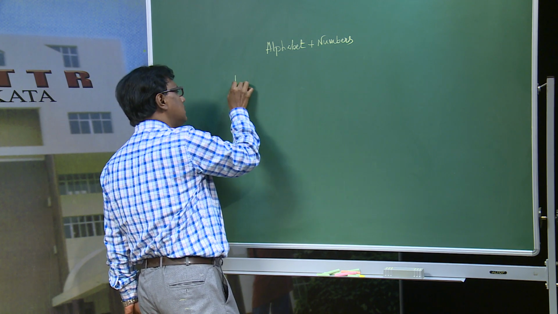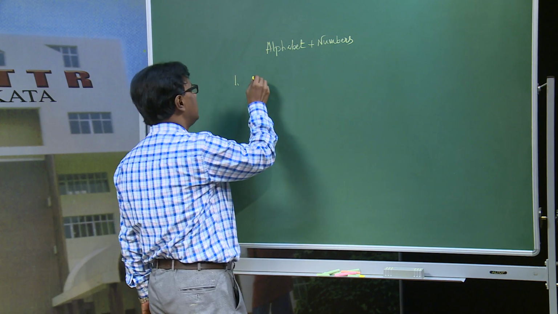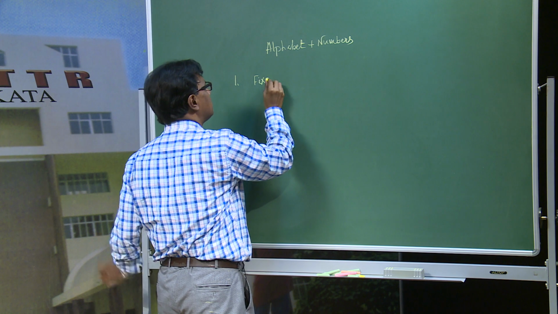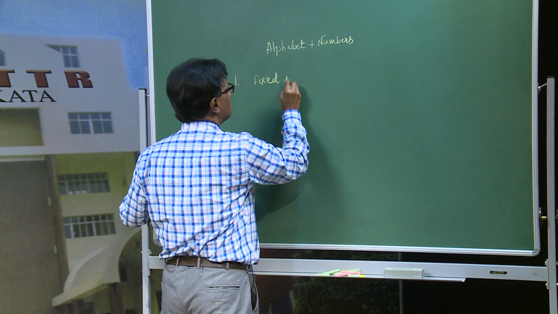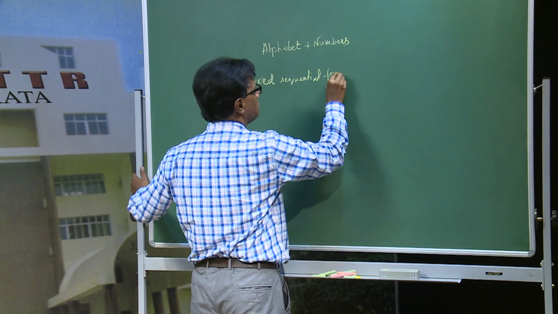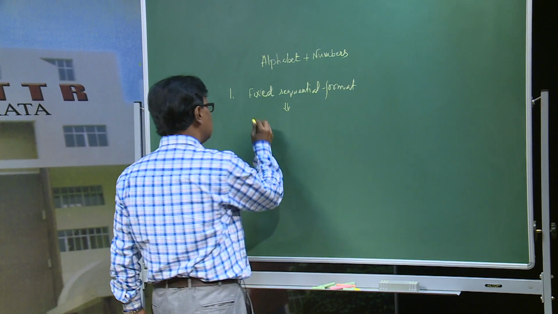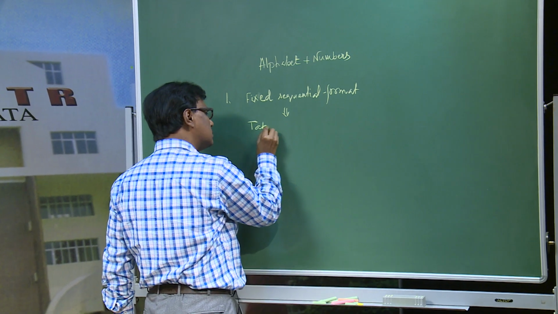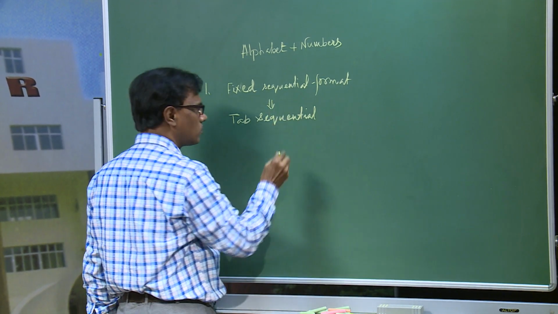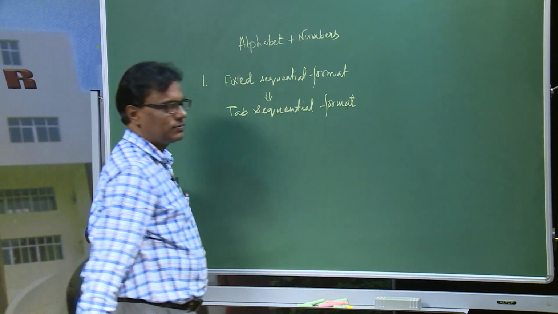So, at the initial developmental stage of CNC machines, there were some programming techniques we call fixed sequential format. Then came tab sequential format.